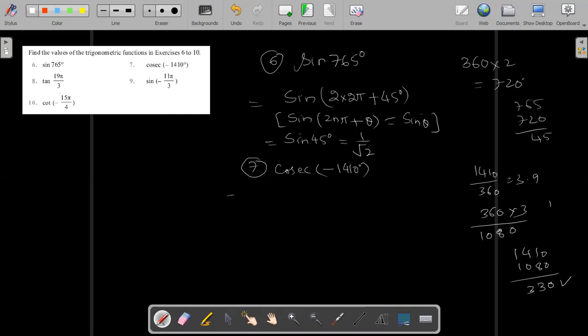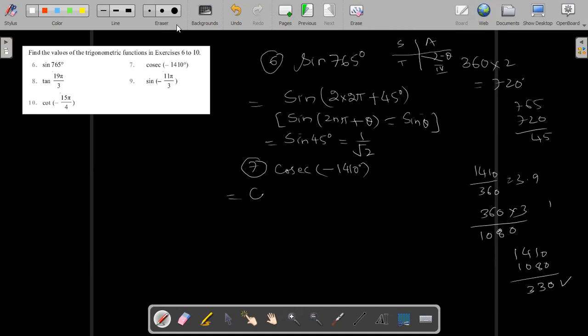Before that, cosec of minus theta. First you check: minus theta means it is going down. Minus theta means fourth quadrant. In the fourth quadrant, only cos is positive; here all are positive, here sine is positive, tan and cos are positive. So cosec is negative.